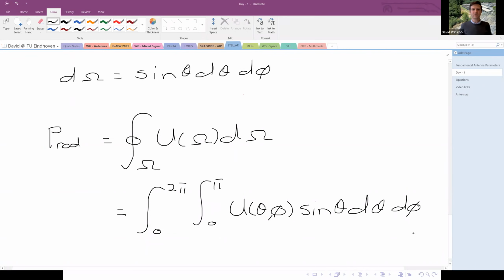So solving this, if you know your E fields everywhere, you solve your radiation intensities for all those angles, and you can solve the total radiated power on this unit sphere.